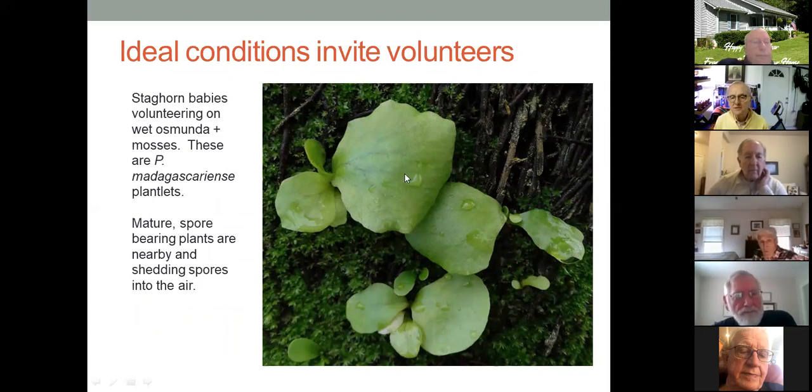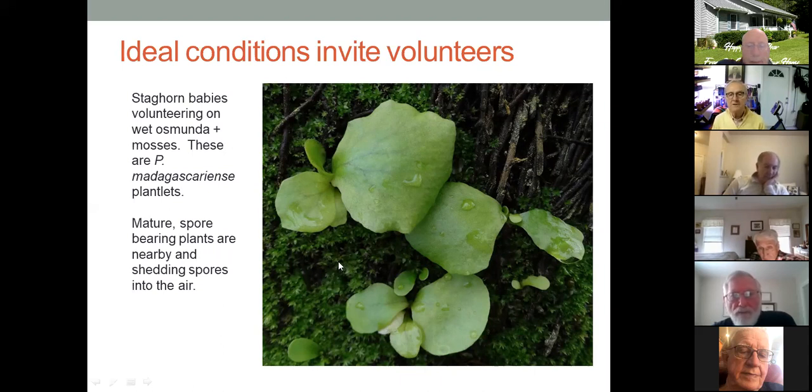I thought this picture was interesting because it shows the staghorn ferns reproducing on moss. And again, this is what you would typically see in nature. These are Platycerium madagascariense plantlets, which, if you're interested in collecting these plants, you can actually buy from propagators, and they're fairly easy to grow.